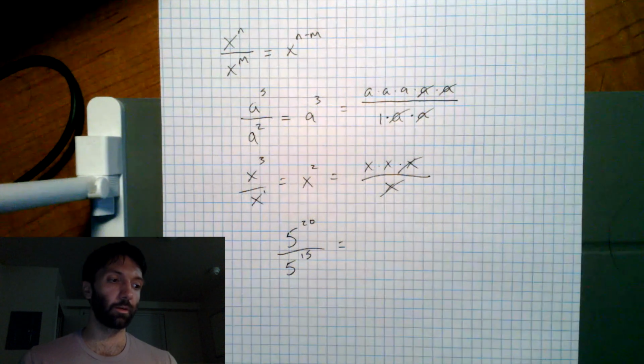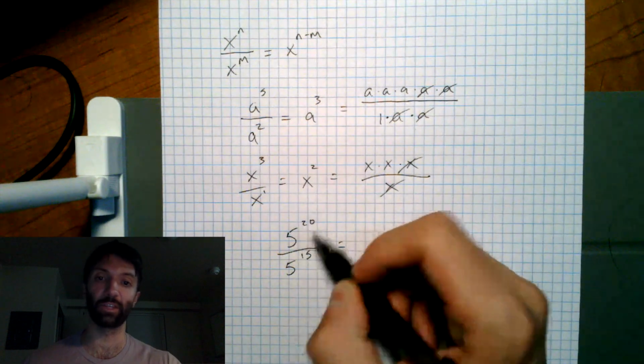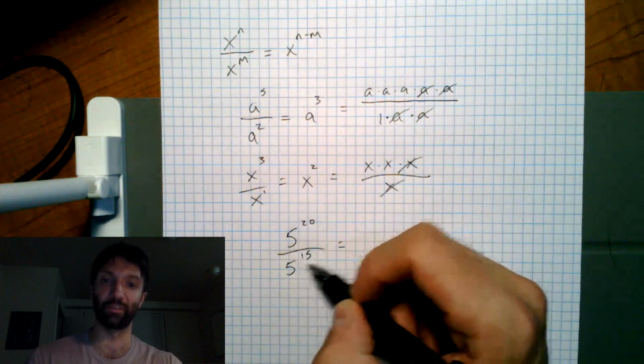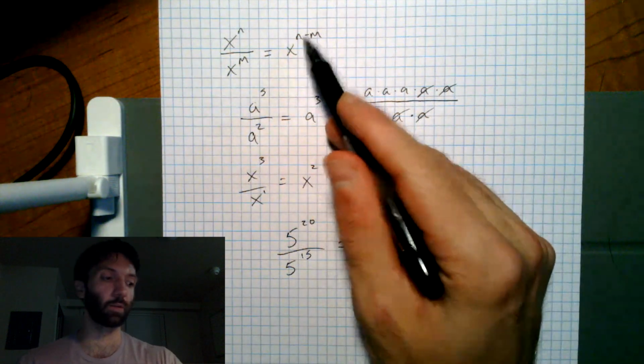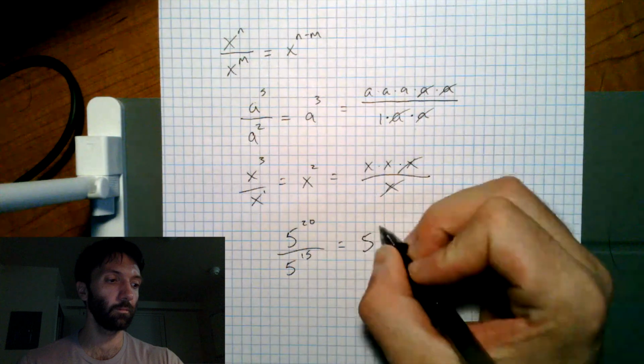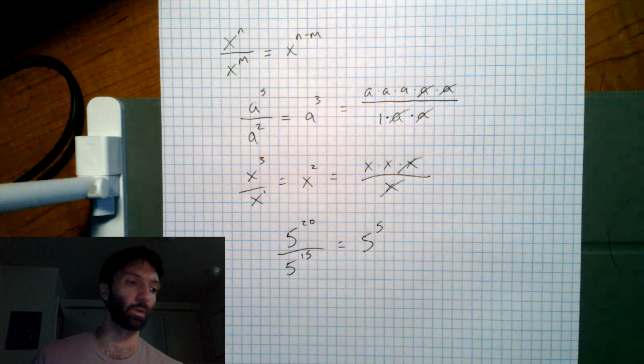And so 15 of the 5s in the numerator are going to be canceled by the 15 5s in the denominator. And so again, that's where this rule comes into play. And we would be left with 5 to the 5th power, because 20 minus 15 is 5.